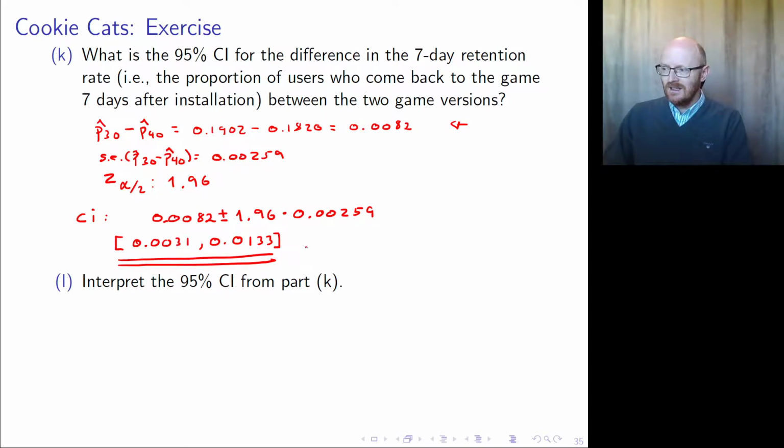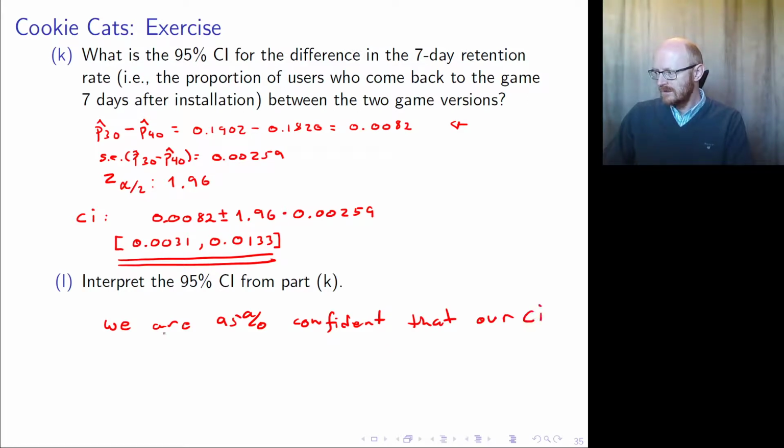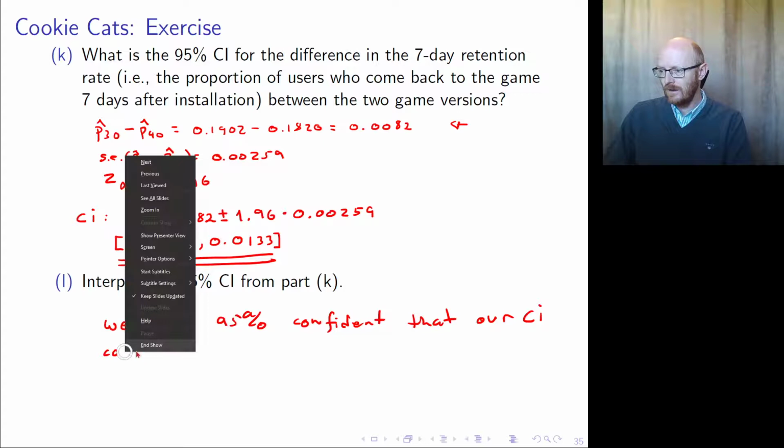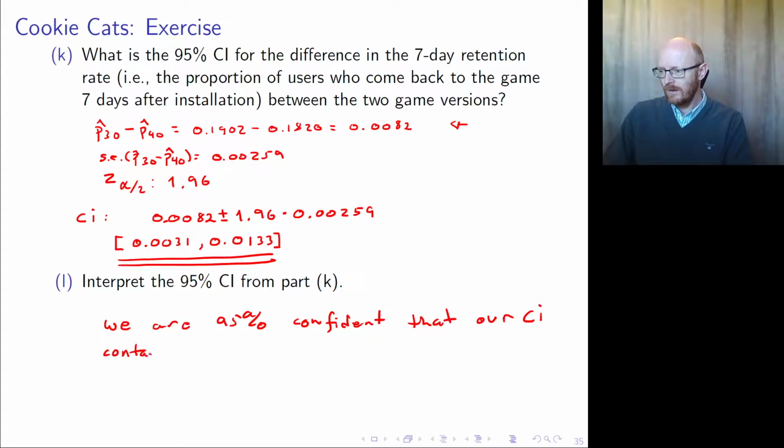That's how confident we would be for each confidence interval we make. So we are 95% confident that our CI contains the true difference.